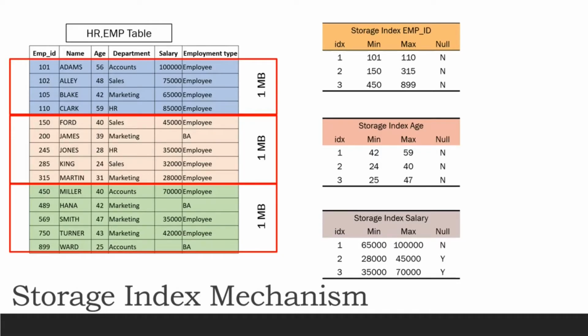For example, for the employee ID in the first block, the min value is 101, the max value is 110 and the null value is n. Whereas for the salary, the null value is set to y for the second block.